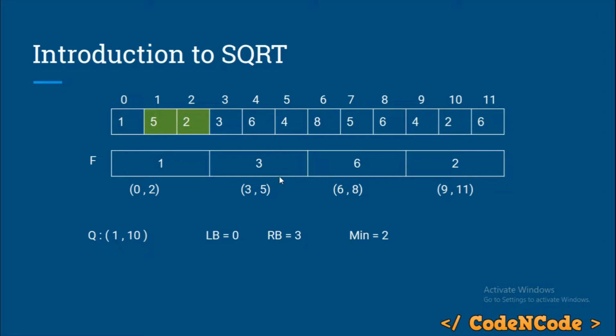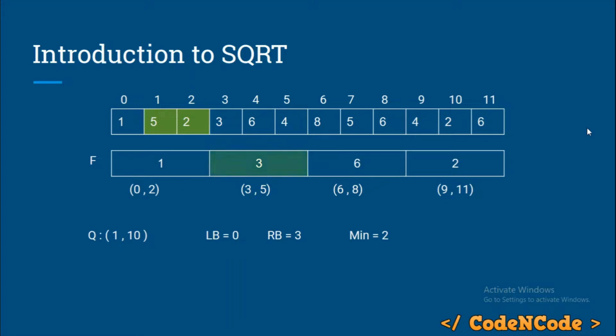We can take this and this. We don't have to traverse these linearly. We can take the answer of this segment from a single element of the F array. So now we start traversing block by block. We traverse the first block and the second block because 2 is less than 3, so we go till right block minus 1.